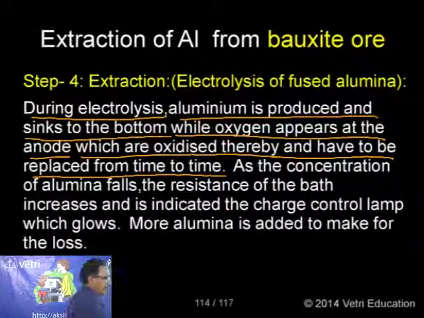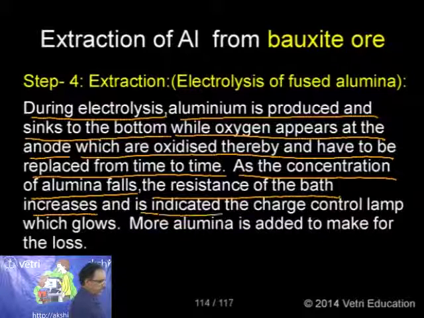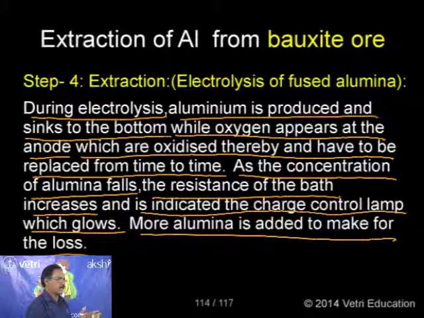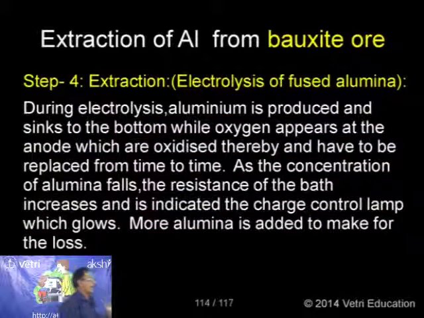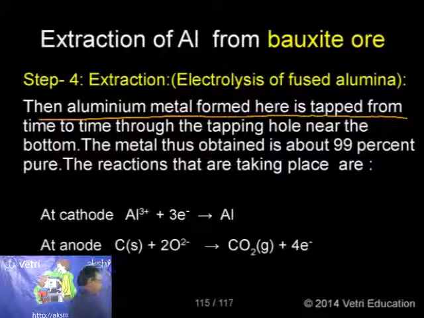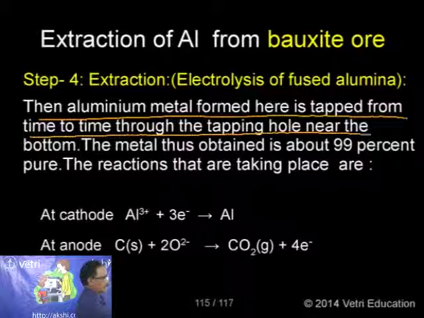As the concentration of alumina falls, the resistance of the bath increases, and this is indicated by the charge control lamp, which glows. Then more alumina is added to make up for the loss. The aluminum metal formed is tapped from time to time through the tapping hole near the bottom.